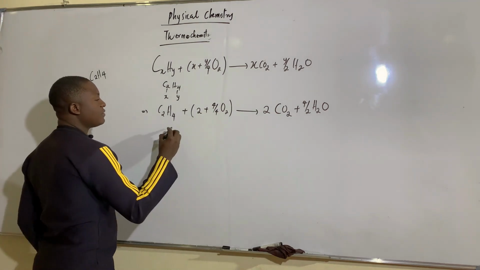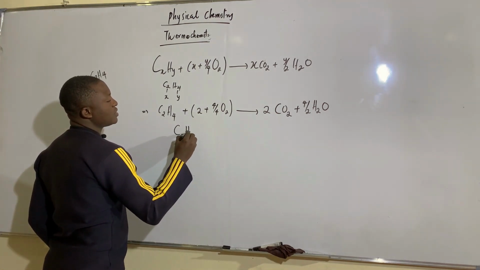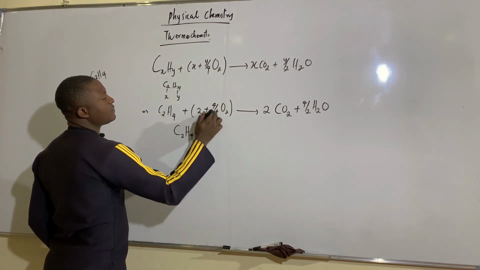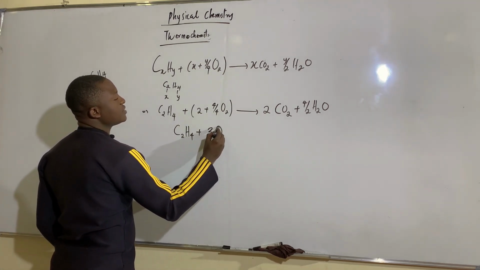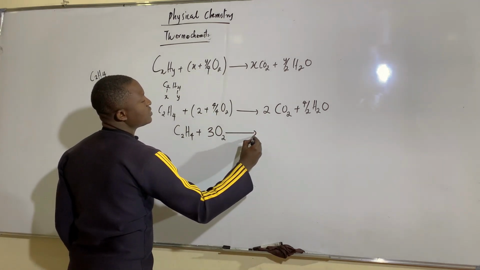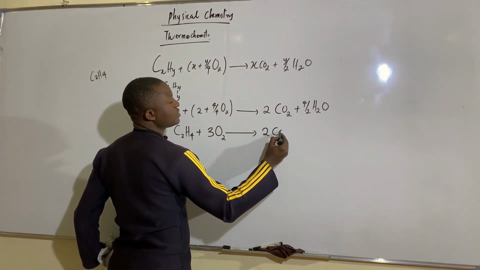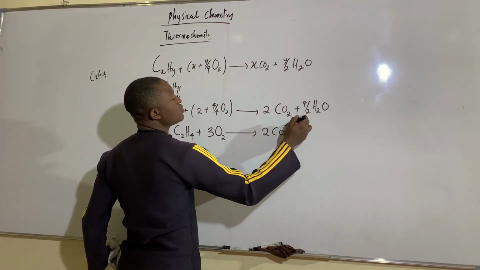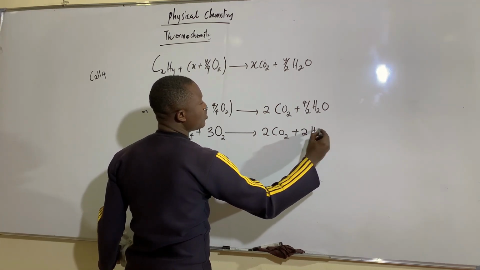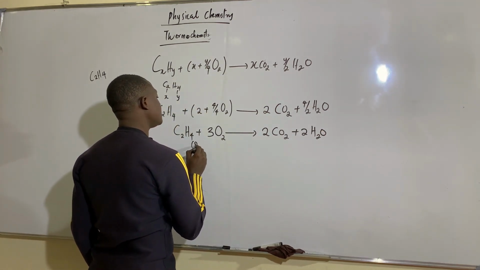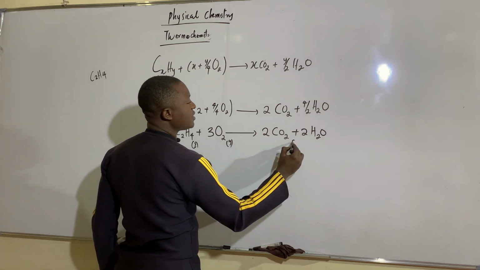So here I have C2H4 plus, 4 over 4 is going to give us 1, so 2 plus 1, now we have 3 oxygen gas to give 2 CO2. So 4 over 2, we are going to have 2 H2O. This is gas, this is gas, this is gas, and this is liquid.